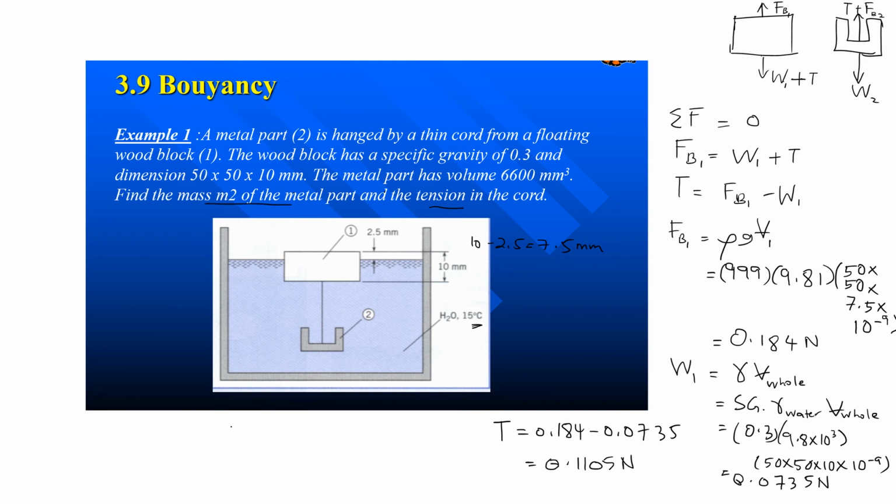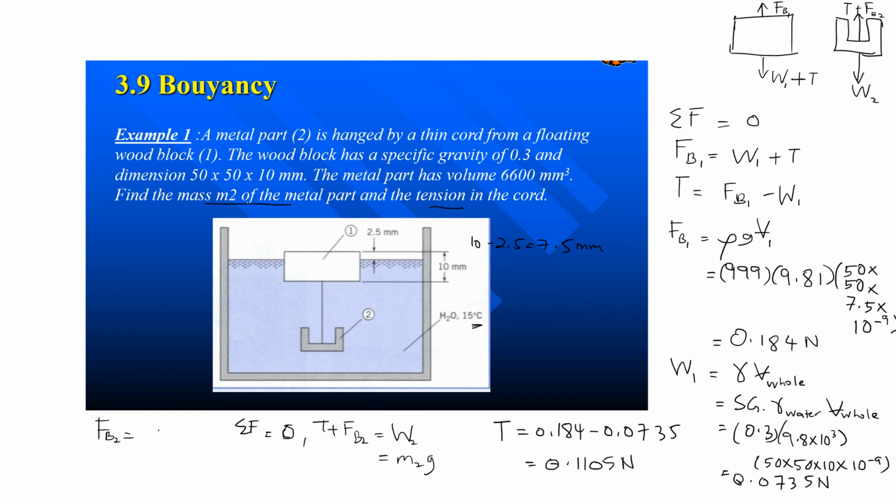We do the summation of force for the metal. We have T plus FB2 is equal to weight 2. Since we want to find M2, we put it this way. We already got the tension here, then we find the FB2.